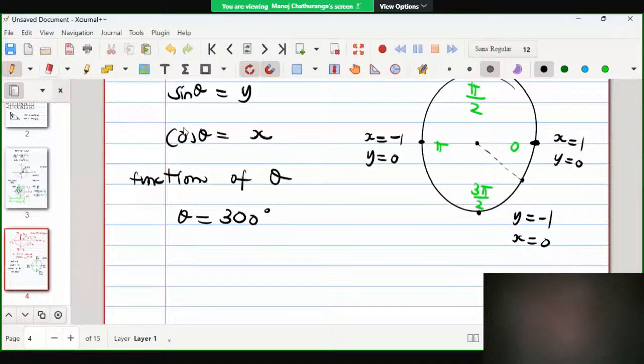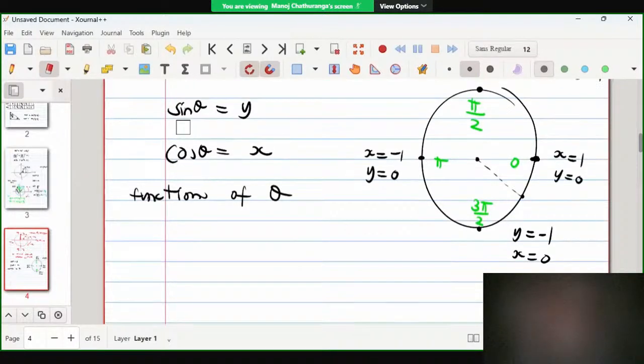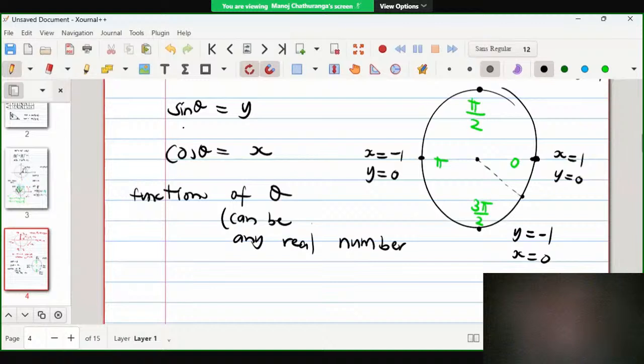Likewise, theta has no bounds. Theta can be any real number.